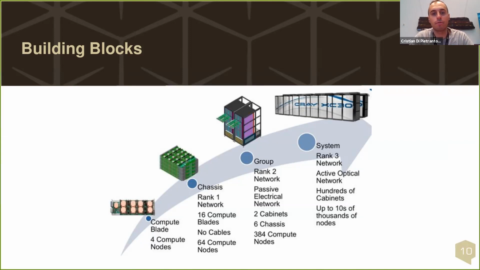Then the chassis are put together in what we call cabinets. Each cabinet provides around 400 compute nodes, that is 400 computers. Finally, a whole supercomputer is made of hundreds or even thousands of these cabinets.